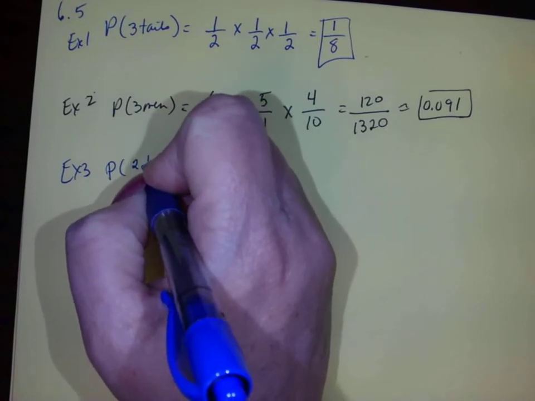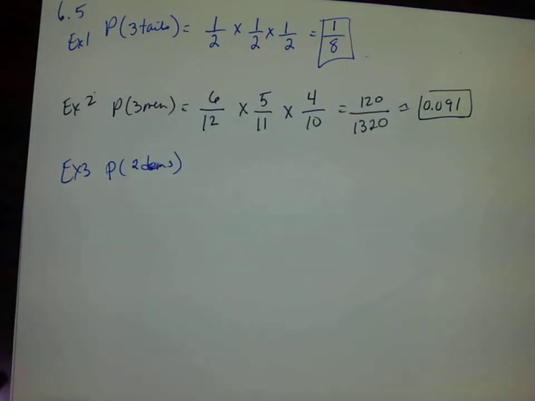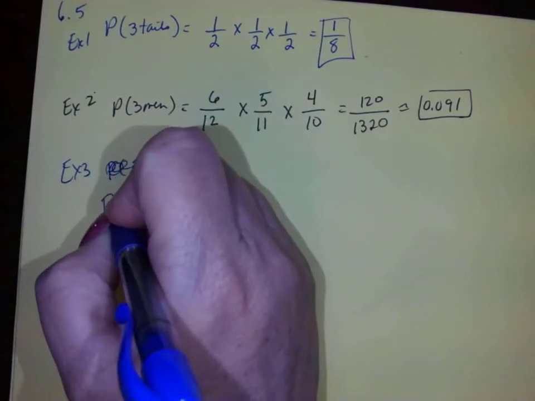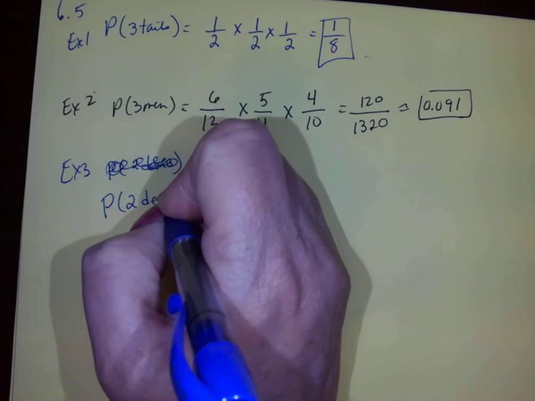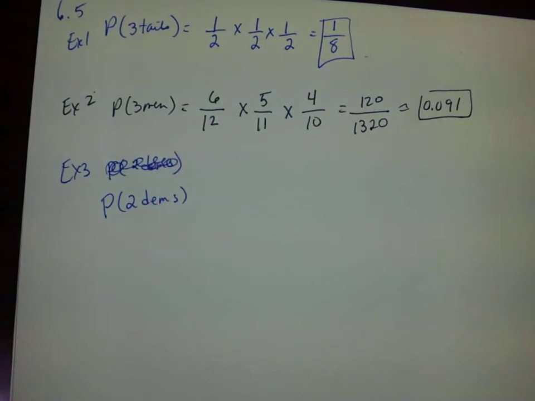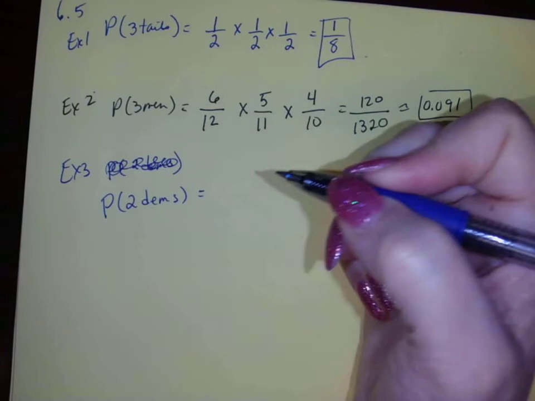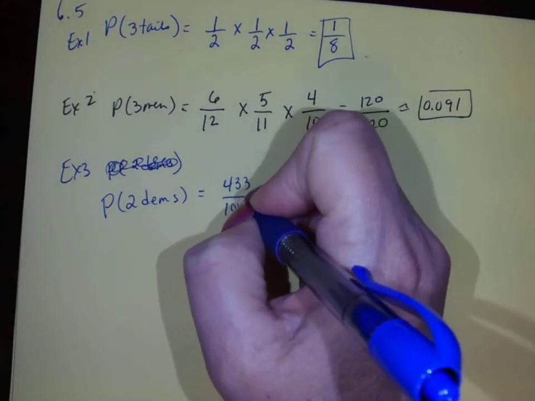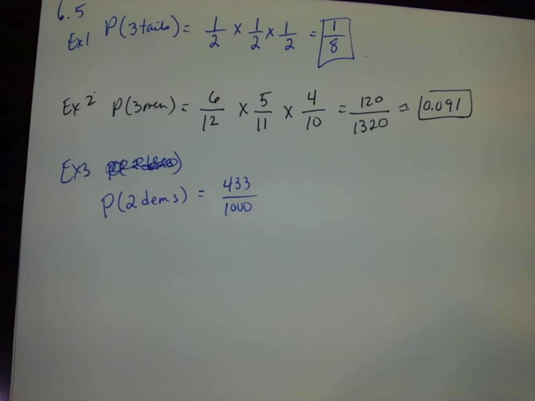I'm going to put them as 2 Dems because I don't feel like writing out the whole word Democrats, and it's not very clear. Well, let's rewrite that. The probability of 2 Democrats. All right, so the first call that I make, if I get a Democrat, there were 433 out of 1,000.